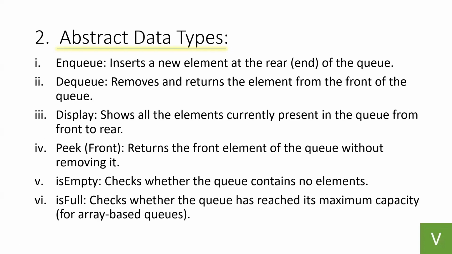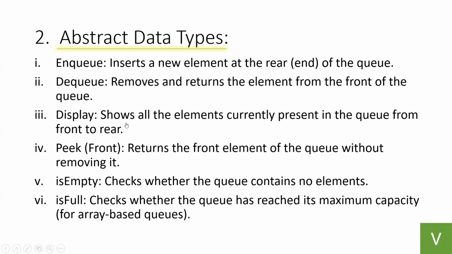Now let us see the abstract data types that are involved in queues. There are a total of 6 abstract data types. The first one is Enqueue, which inserts a new element at the rear or end of the queue. Similarly, Dequeue removes and returns the element from the front of the queue.